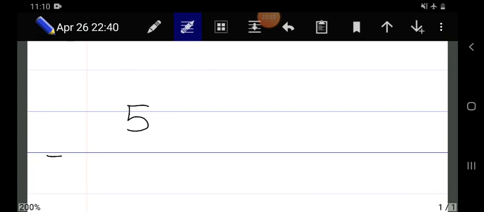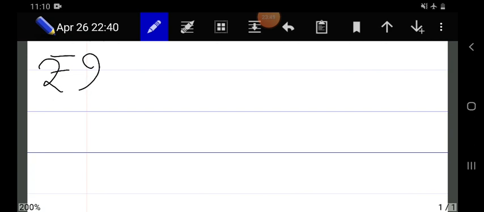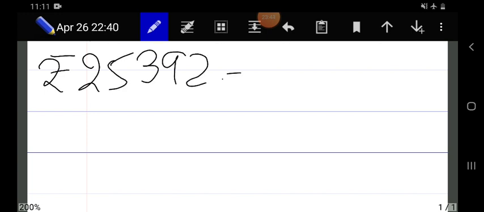Again we are going to do the same procedure of estimation. Don't forget to write the rupee sign. The cost of computer was 25,392, and we will estimate it to the nearest thousand. Why?